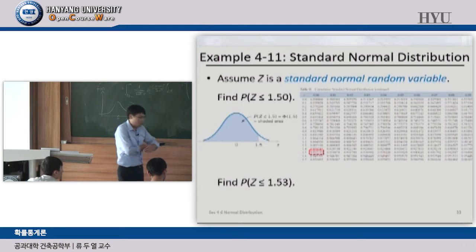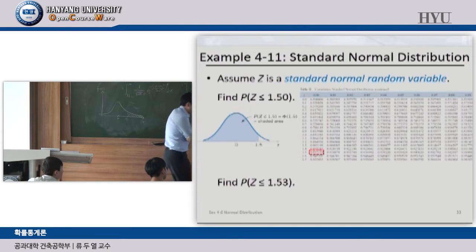So what is the probability of Z when Z is smaller than or equal to 1.53? This indicates the small z, and this indicates the last digit.